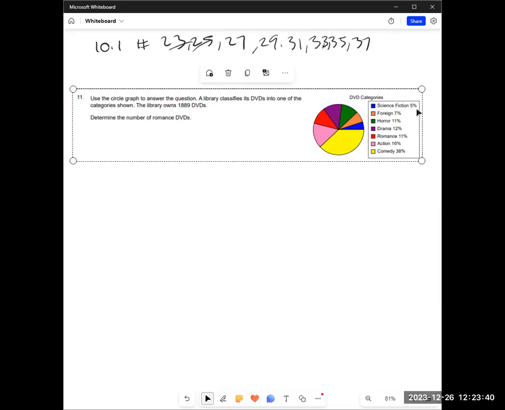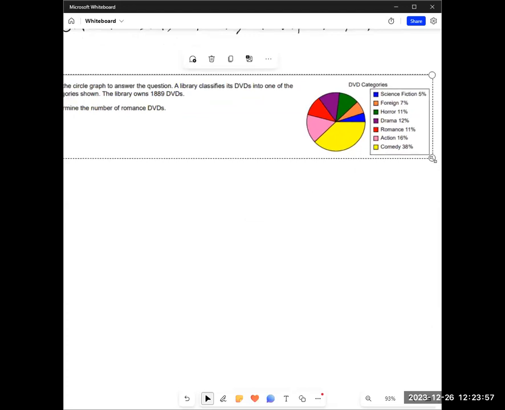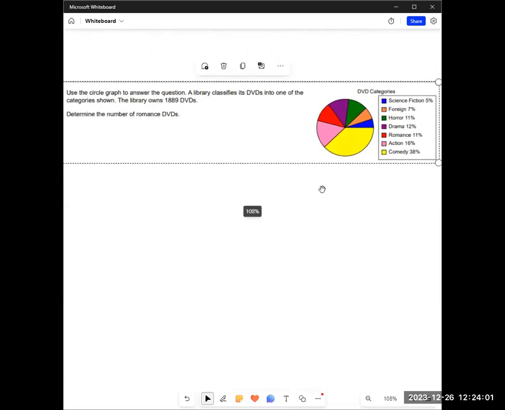Over here, science fiction is 5%, foreign is 7%, horror is 11%, drama is 12%, romance 11%, action is 16%, and comedy is 38%. So that should be 100% of the movies.